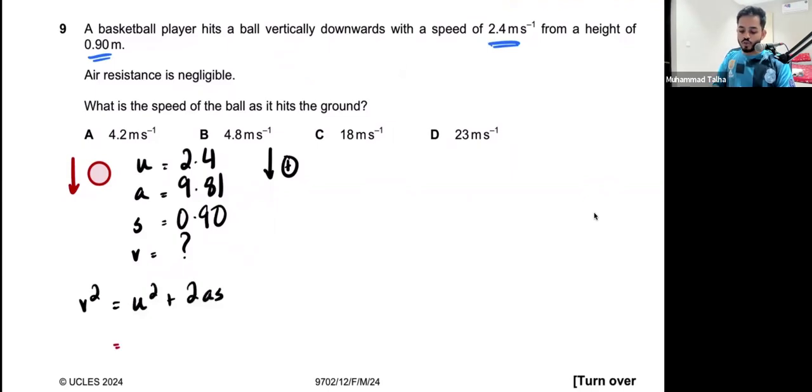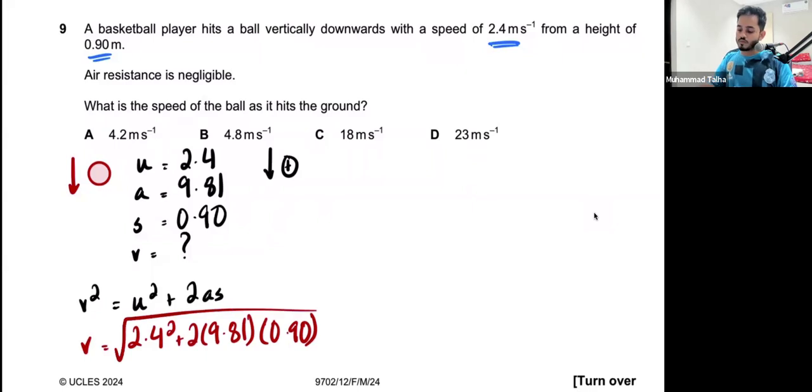So v is the square root of 2.4 squared plus 2 times 9.81 times 0.9, which turns out to be 4.839. So 4.8.